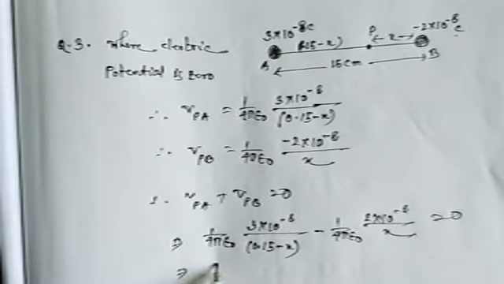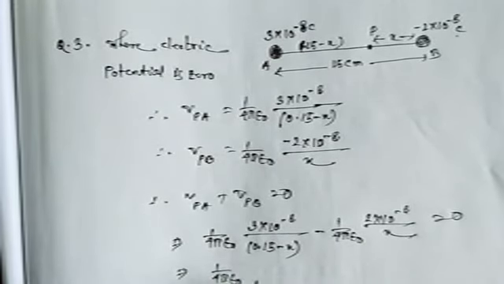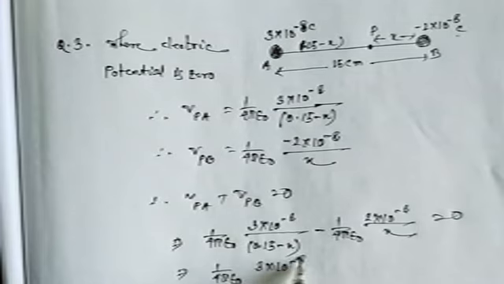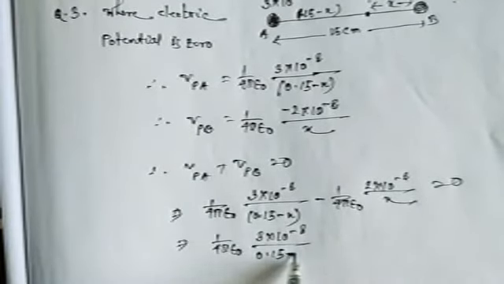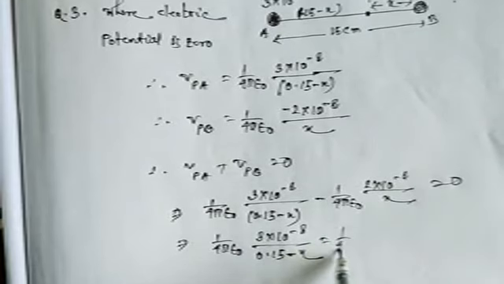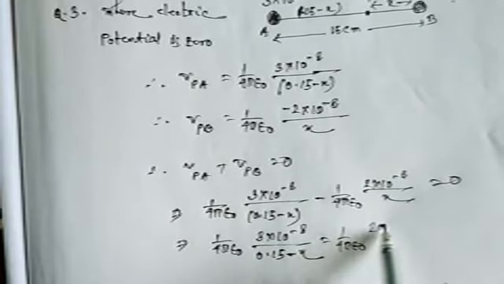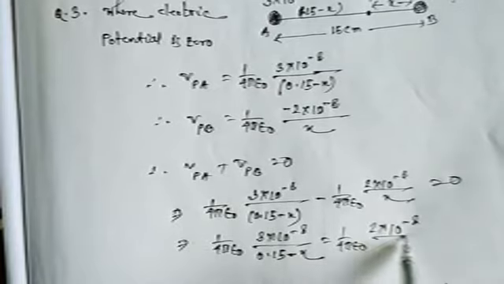Or we can write it as 1 by 4 pi epsilon naught 3 into 10 to the power minus 8 by 0.15 minus x equals 1 by 4 pi epsilon naught 2 into 10 to the power minus 8 by x.